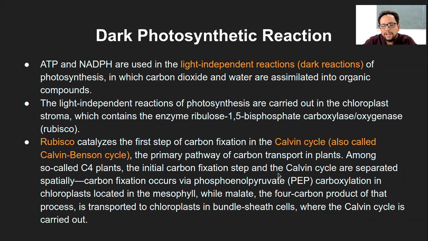So this was one of the compounds, phosphoenolpyruvate, upon addition of a carboxyl group to it, which happens in the chloroplast, and this chloroplast is located in the mesophyll of the leaf. That is what happens while the malate, which is the 4-carbon product of that process, is transported to the chloroplast in the bundle sheath cell.